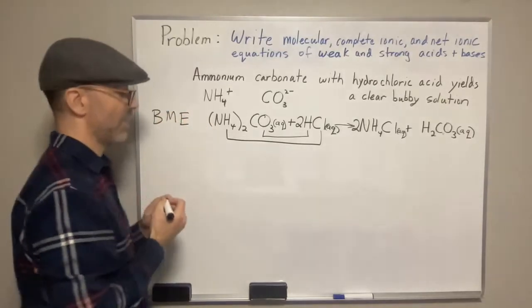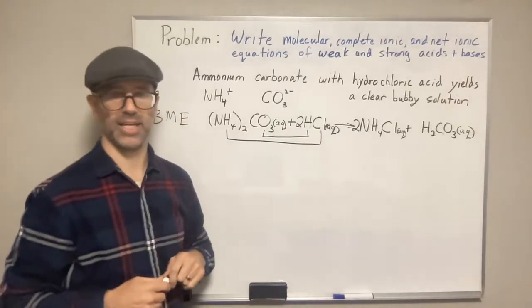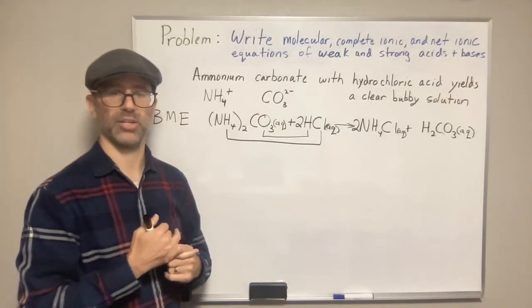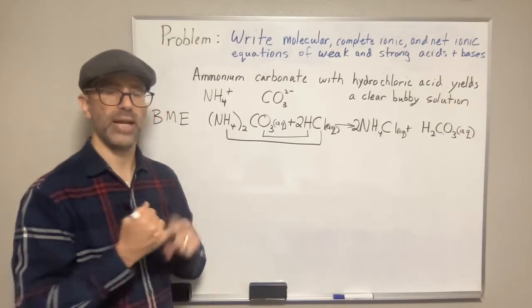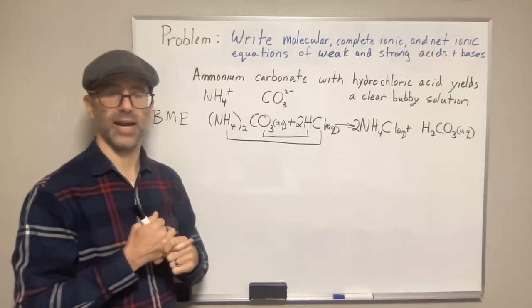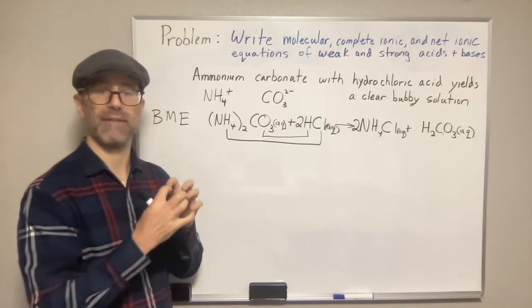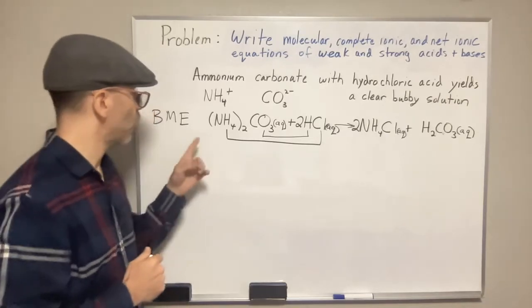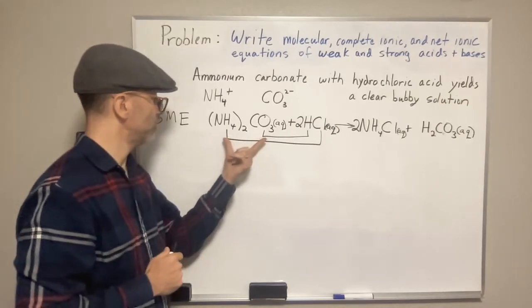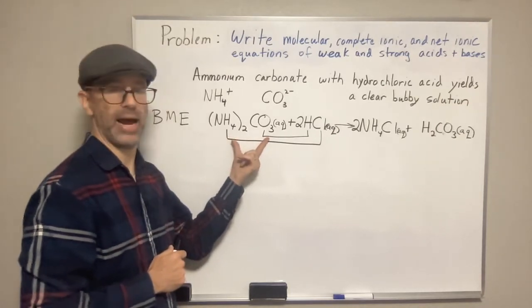So we got that. Now we need to write our ionic equations, our complete ionic equation, and then the net ionic equation. So when we're writing our complete ionic equation, we need to separate everything into ions. So what's going to happen here is this is going to be separated into ions.